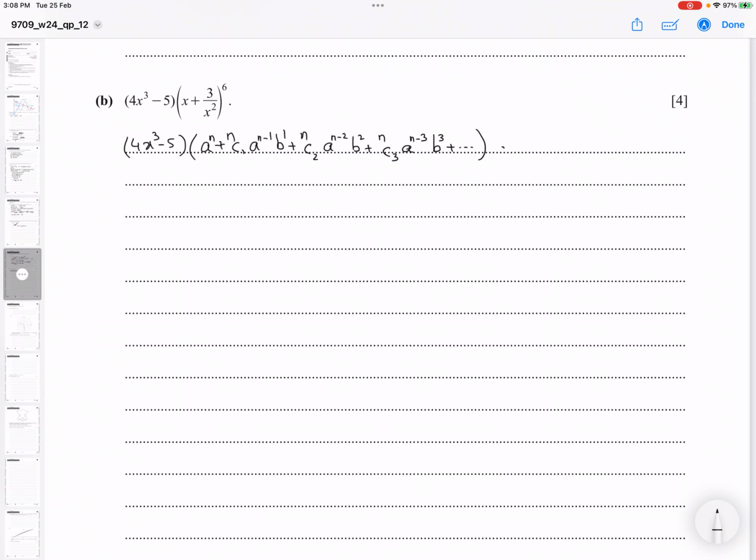I'm guessing that maybe in 3 terms I can find out the values independent of x.